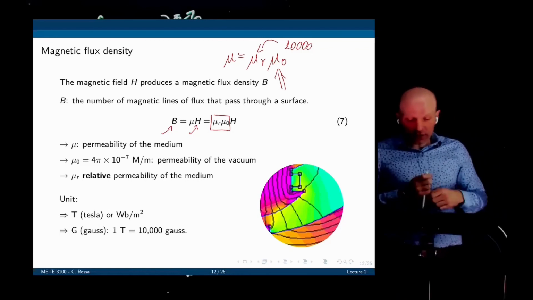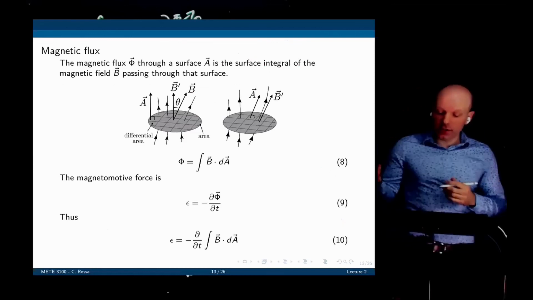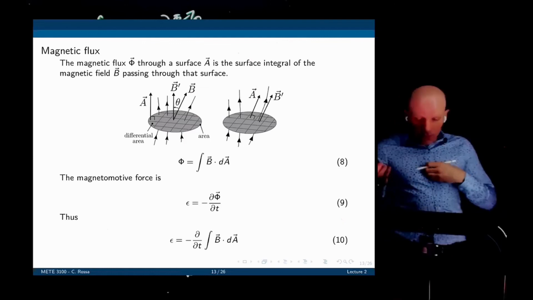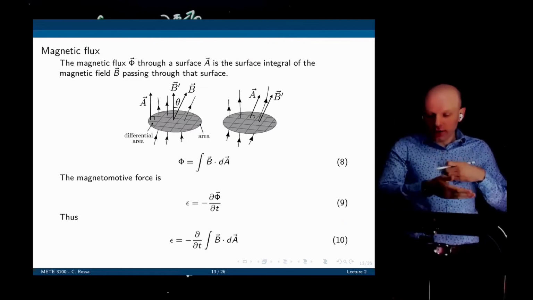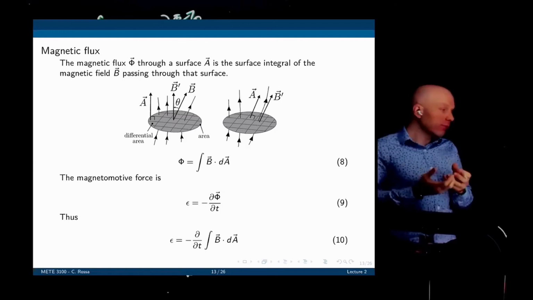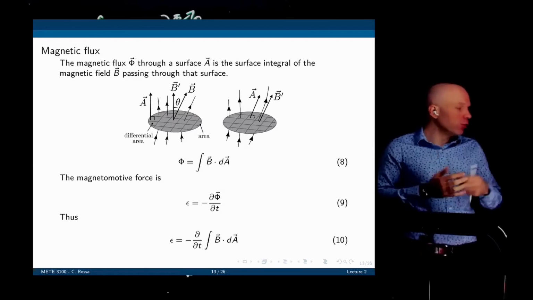Now let's define what the magnetic flux is. If the magnetic flux density is how many lines pass through a given area, then the magnetic flux itself is how many lines of induction we have passing through a surface.